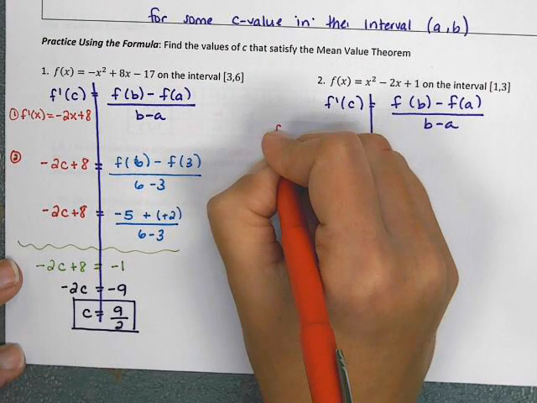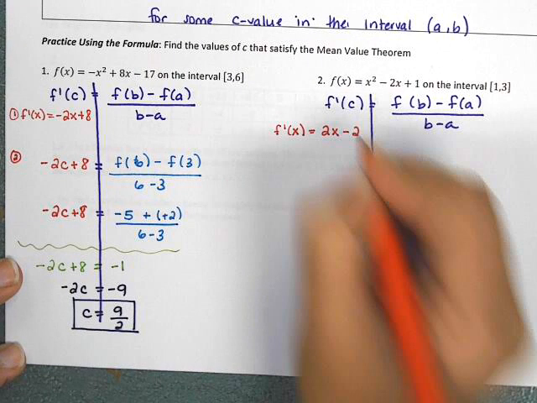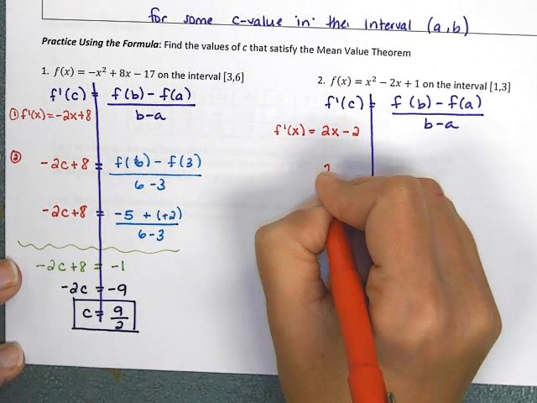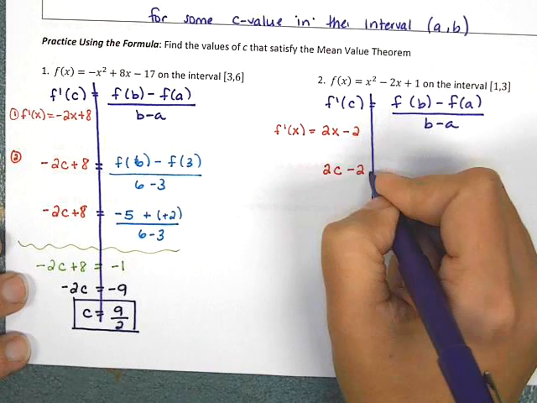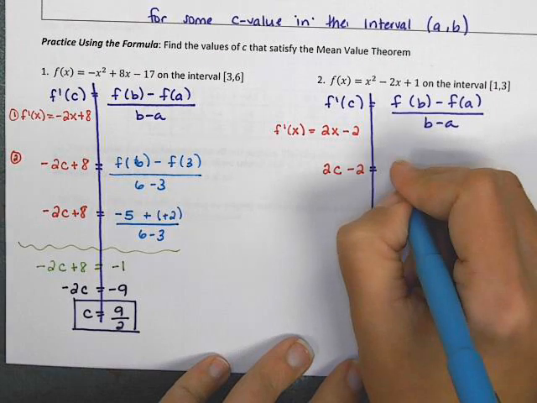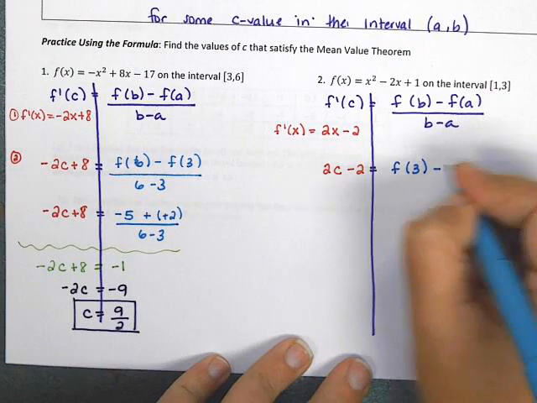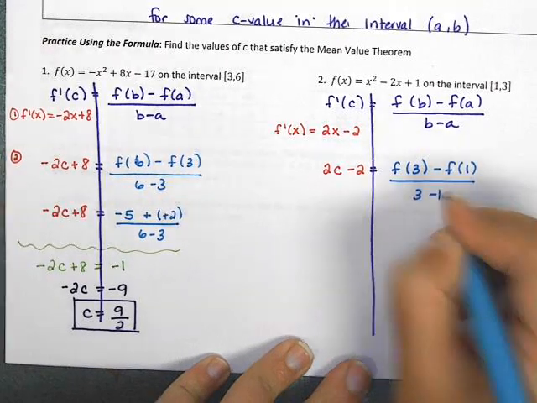So my derivative would be 2x minus 2. My derivative with c plugged in would be 2c minus 2. F of b minus f of a all over b minus a means f of 3 minus f of 1 all over 3 minus 1.